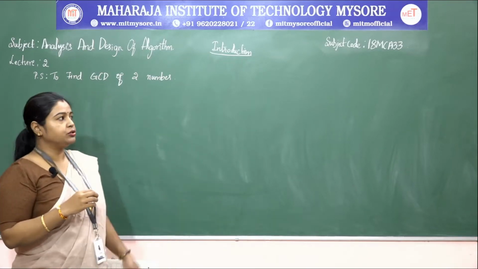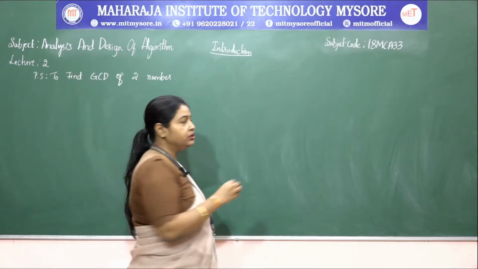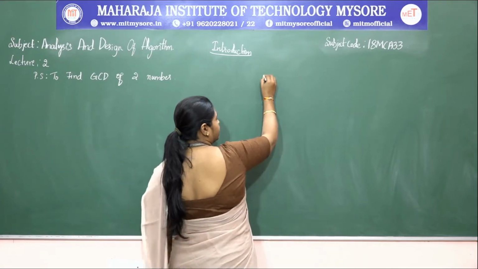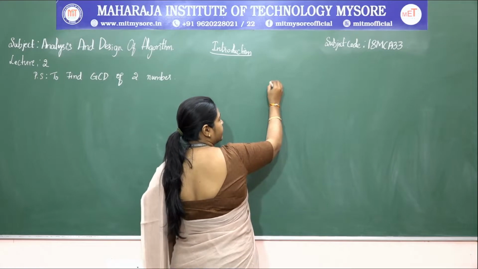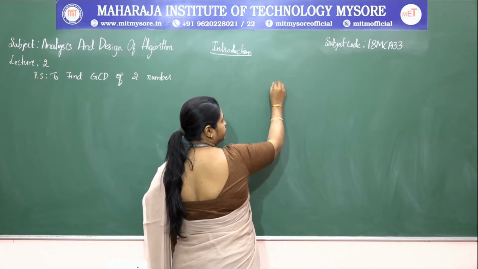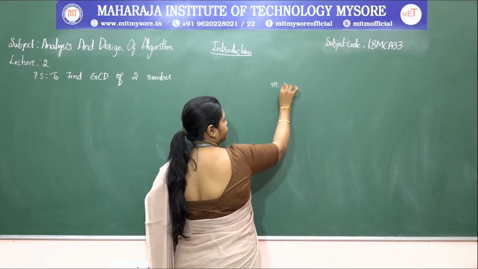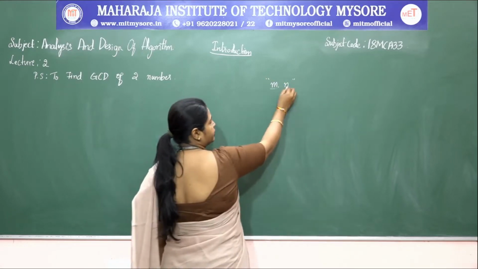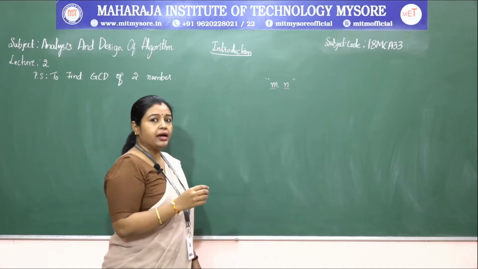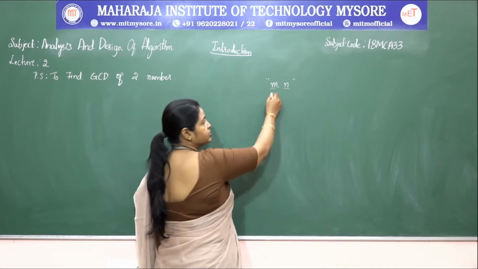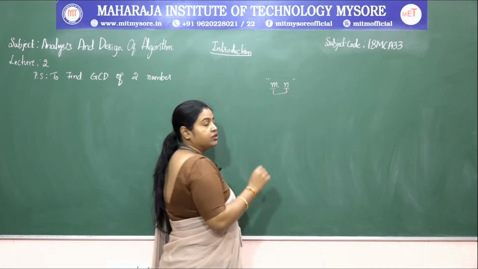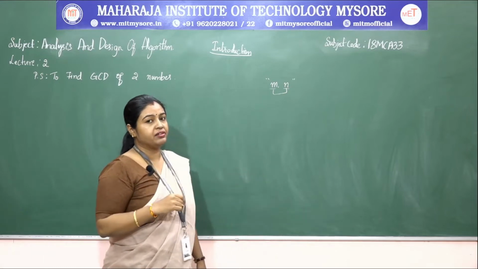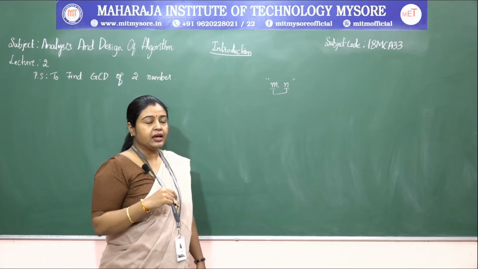As we know, the GCD is the greatest common divisor. Here we can take any two inputs, m is one number and n is another number, and we need to find the greatest common divisor factor of the two.